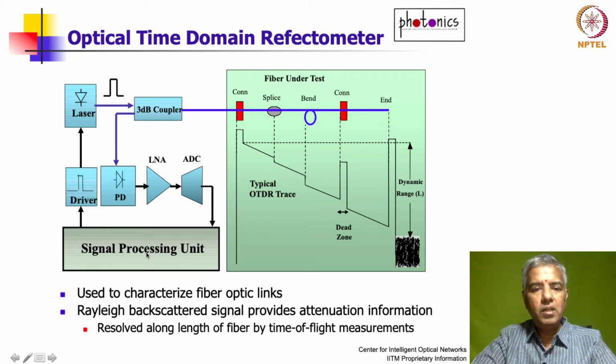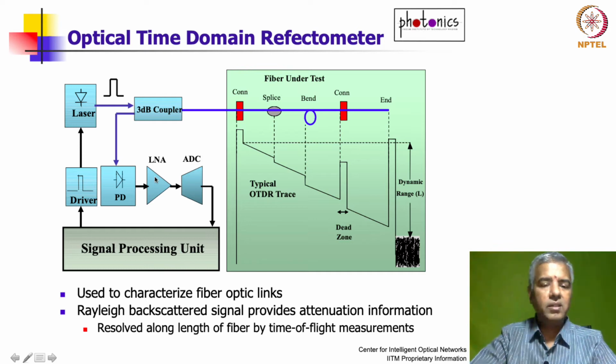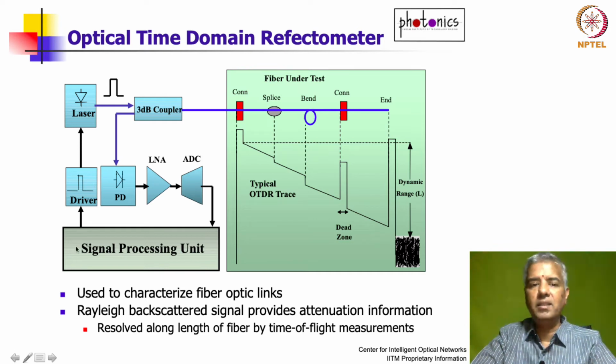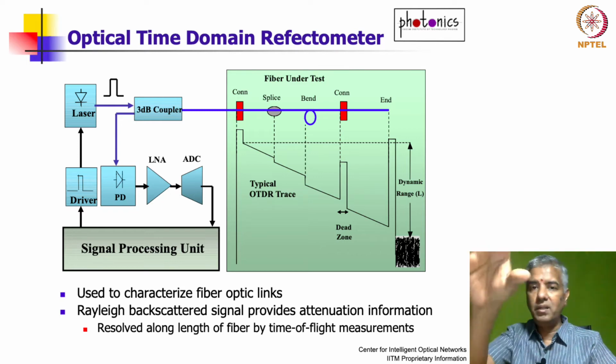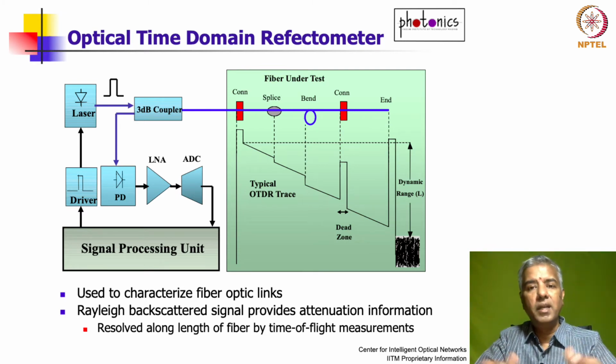And this is where the signal processing unit is important, because you shoot one pulse and then you start listening for the backscattered light. In this case you're detecting the backscattered light. It's like what you do in a sonar. You send an acoustic pulse and then you look for the backscatter, very much like what bats do, right?